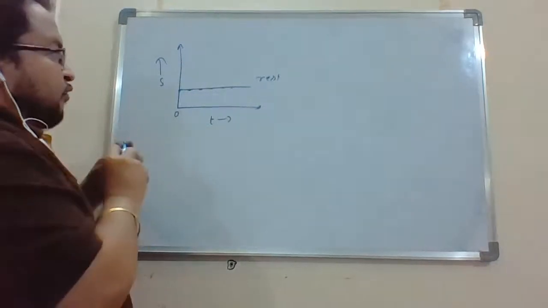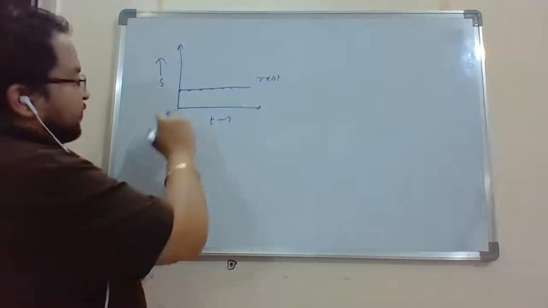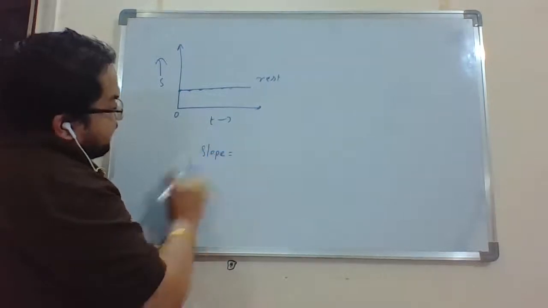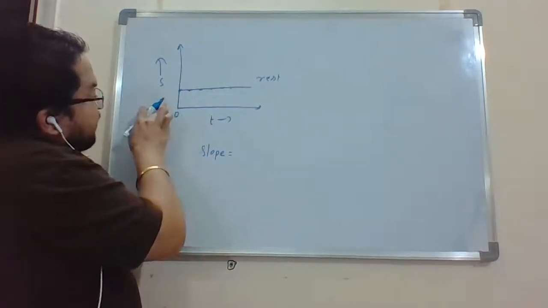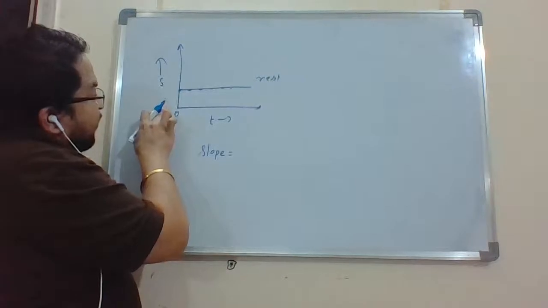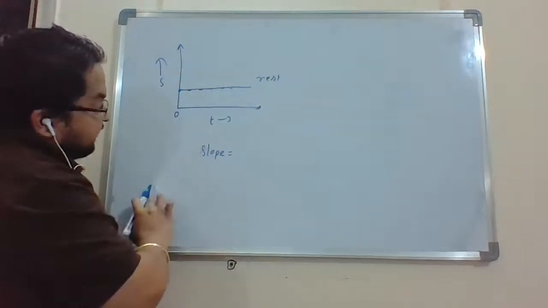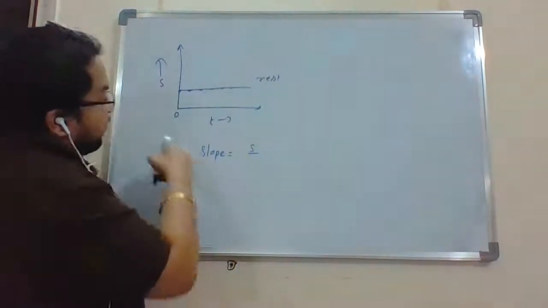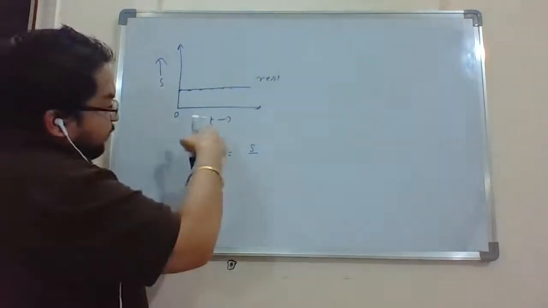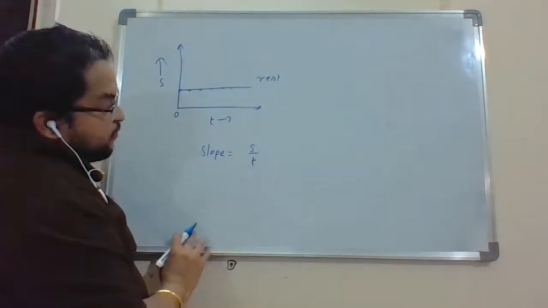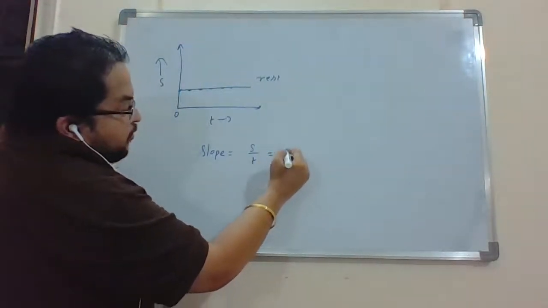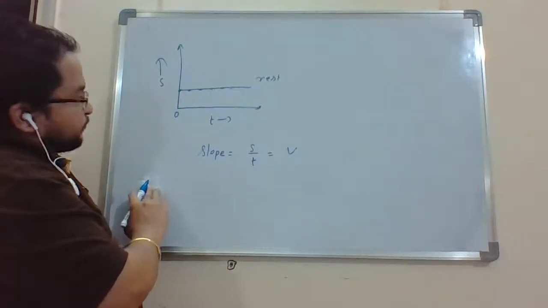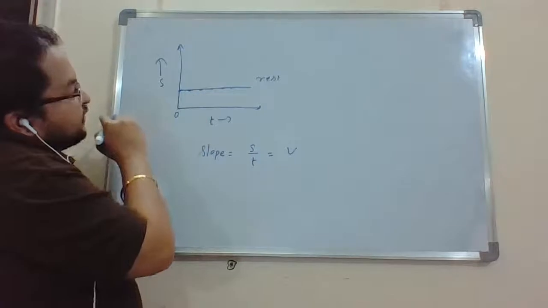And we can find it out graphically also, because in any graph, what does the slope indicate? Slope indicates nothing but the variable along the y-axis by the variable along the x-axis. So in this case, slope is s by t, where this is time, so that is nothing but your velocity, right? And in this case, what is the slope?